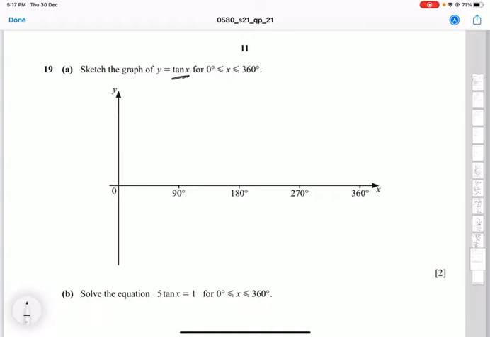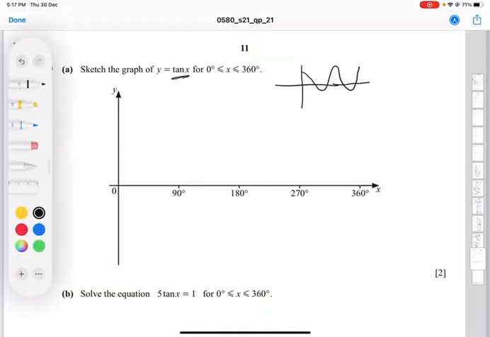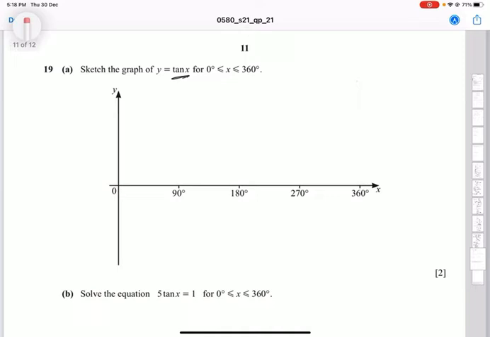When you have sine, it has a periodicity of 2 pi or 360 degrees, so every single loop is 360 degrees in length. In this case, tan x, you just have to remember that it has a period of pi.